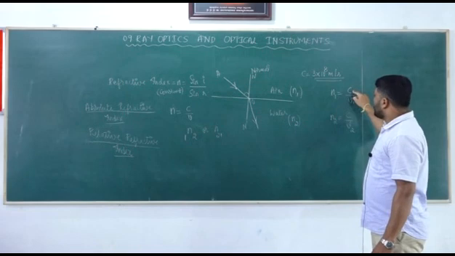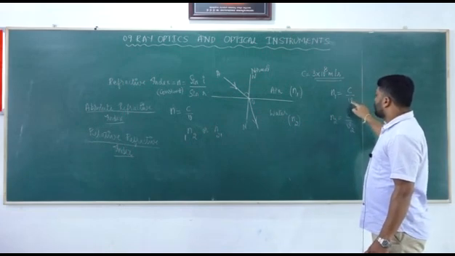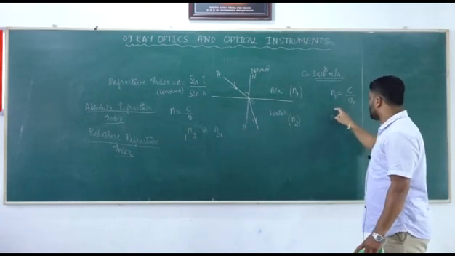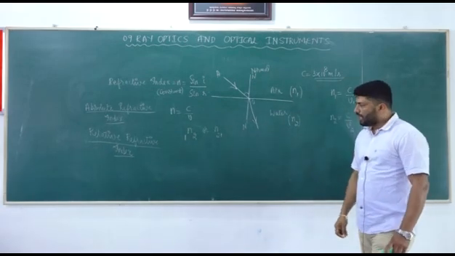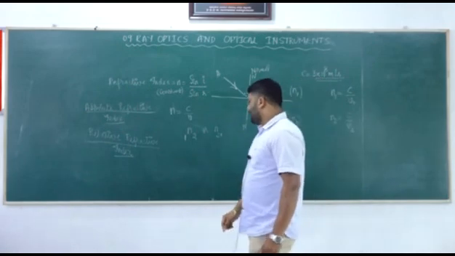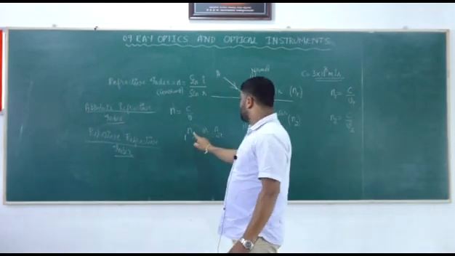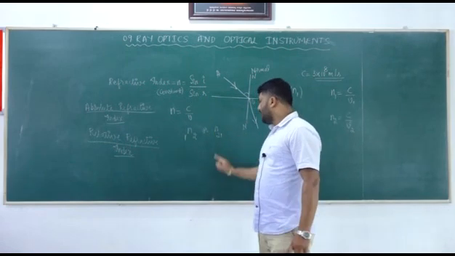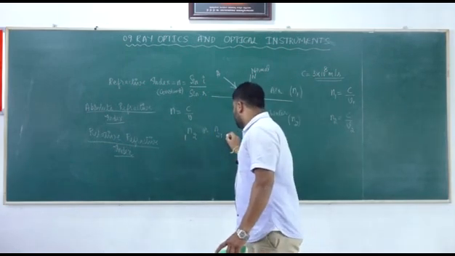So we compare with the speed of light in vacuum. The relative refractive index is written as n12 or n21, in the subscript.